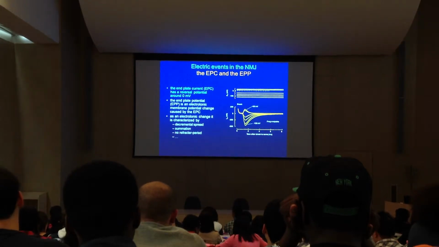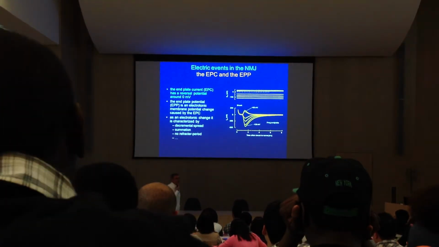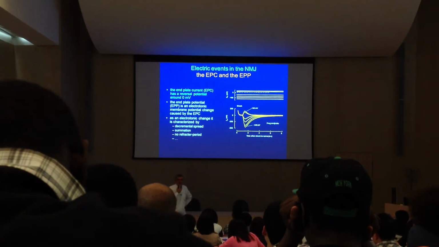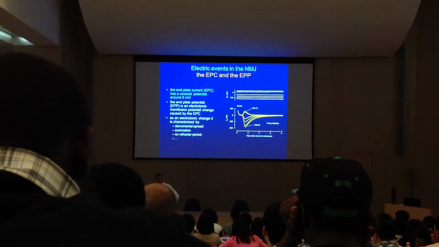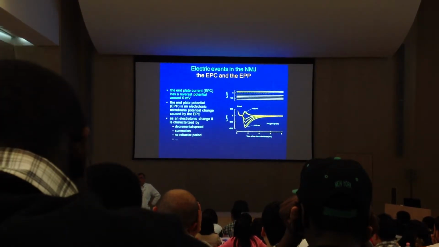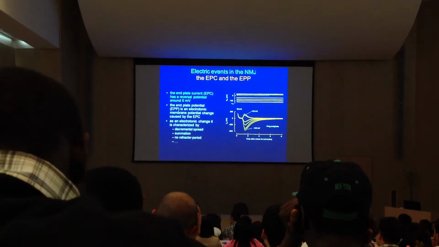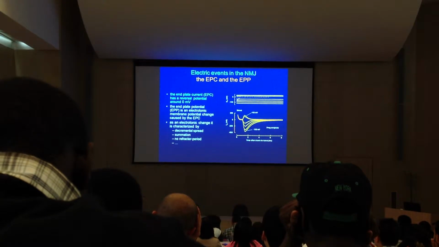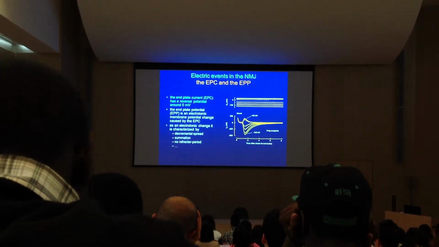One of your colleagues during the recess asked me, why do we call this reversal potential? What is this reversal potential? Well, ladies and gentlemen, reverse means that the direction of the current changes. If the membrane potential is negative, the current is flowing inwards.